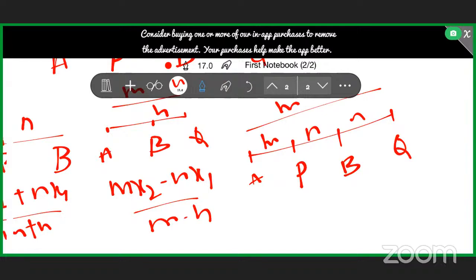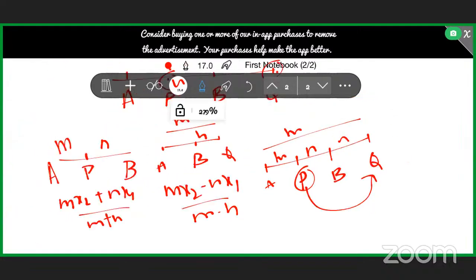When the same line is divided both internally and externally by two points, then P is called the harmonic conjugate of Q and Q is called the harmonic conjugate of P. Both become mutual harmonic conjugates. Is this concept understood, dear students? Okay. Now we'll go for solving the problem.